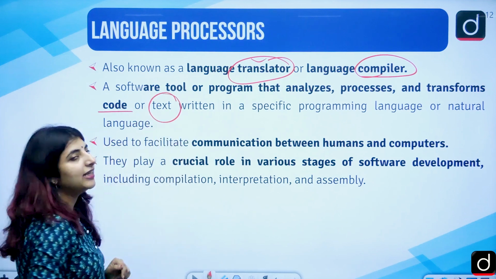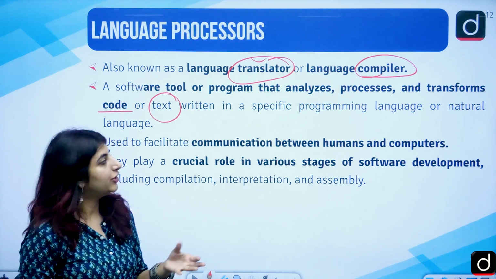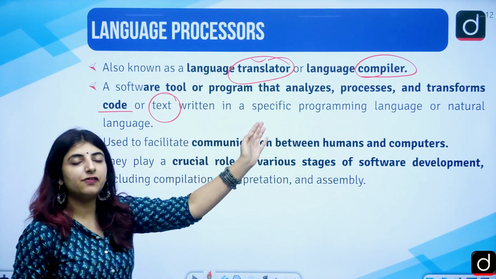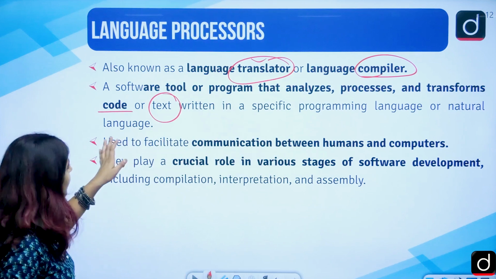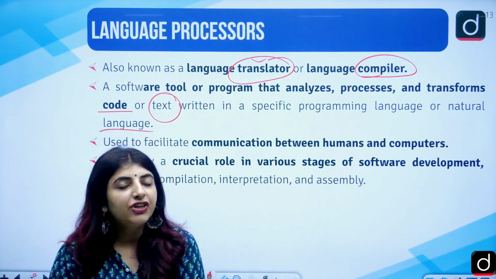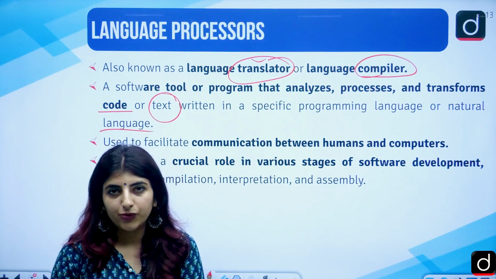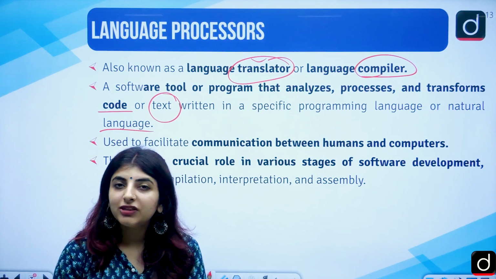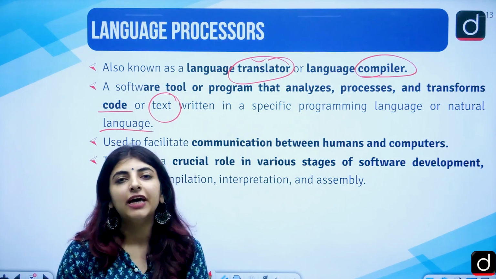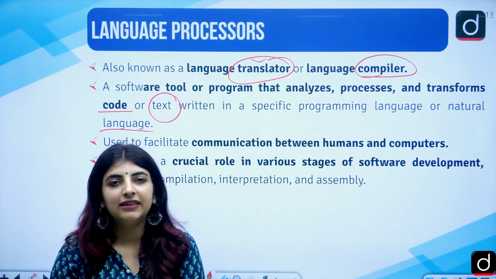Why are we talking about text? Because, of course, the text language is high level language, which is written in a specific programming language or natural language. So a question could be asked: in which type of language is natural language used, right? We know the answer to this one, high level language, because it is humanly readable and mostly the coding is in English.